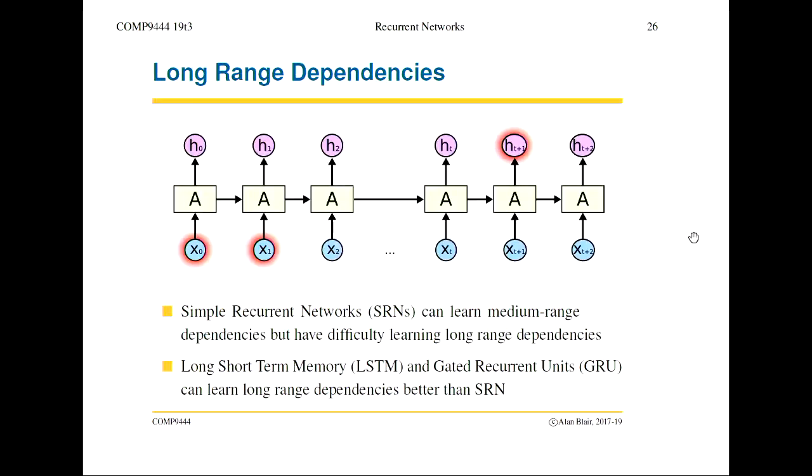So what we really want is an architecture that would be able to learn long-range dependencies. In real language tasks, the output may depend on something that happened many time steps before. For example, pronouns and reference.